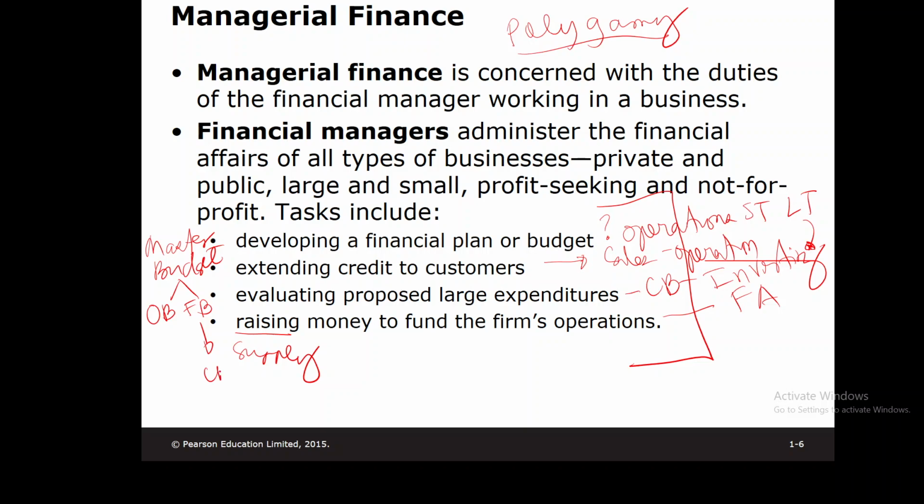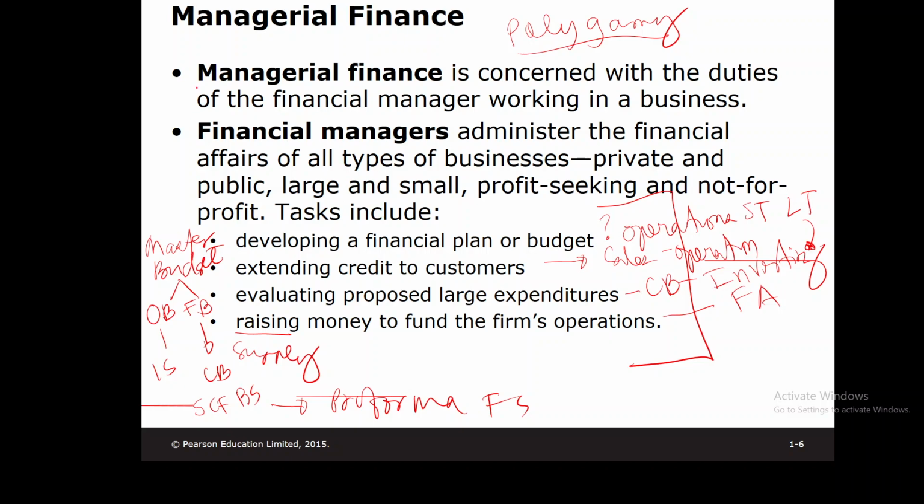This is capital budgeting, this is the income statement, and you can also prepare the statement of cash flow and balance sheet. The output there will be the pro forma FS.